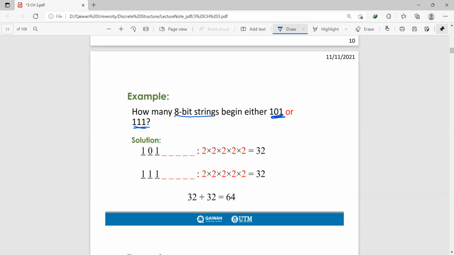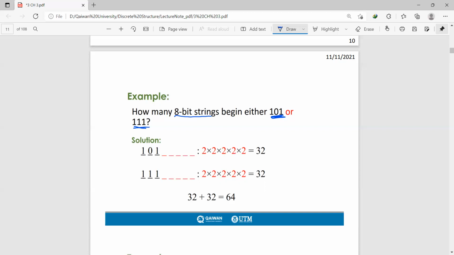Here for 101, as you have an 8-bit string, that means here we have only 3 bits. How many more do we have? 5. That means we must have 5 more bits to get an 8-bit string.